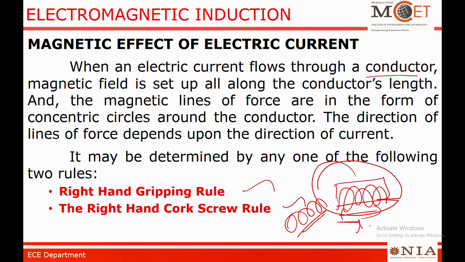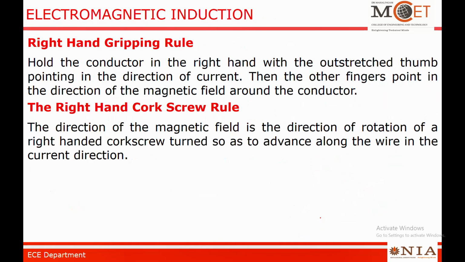Now we are going to discuss the right hand gripping rule and the right hand corkscrew rule. First, the right hand gripping rule. Let us consider the right hand. In that right hand we grip the conductor. Here the thumb direction shows the direction of the current.